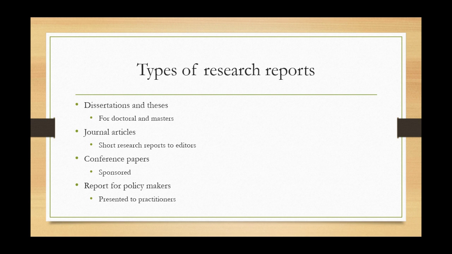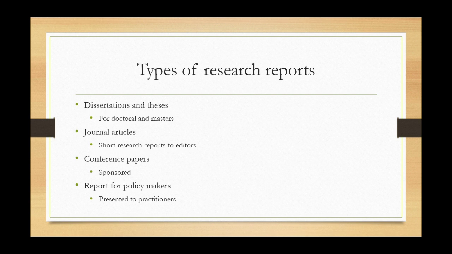We have another type of report that we call conference papers. These are research reports that are presented to an audience at a state, regional, national or international conference, and they are typically sponsored by a professional association. A professional association calls for a conference, and people come and present their research.